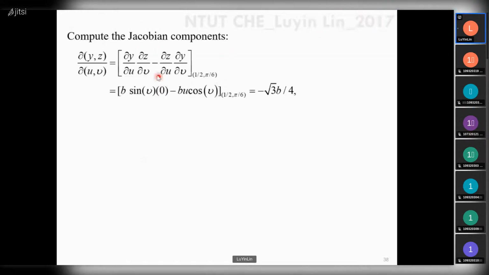Z is equal to U, so partial Z, partial V is 0. Again, Z is equal to U, so partial Z, partial U is equal to 1.